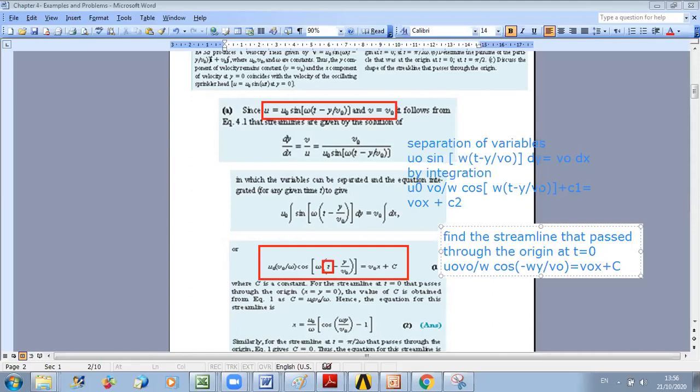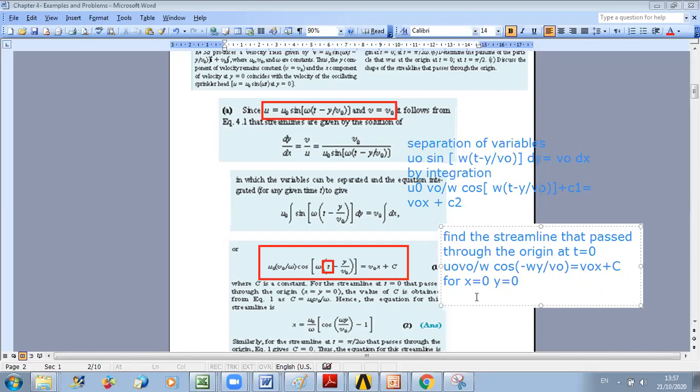Now how to find the constant? In order to find our constant, we will apply the boundary condition that we want the streamline passing through the origin. So for x equal to 0, y equals 0.